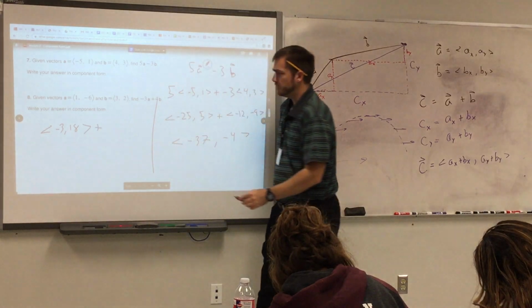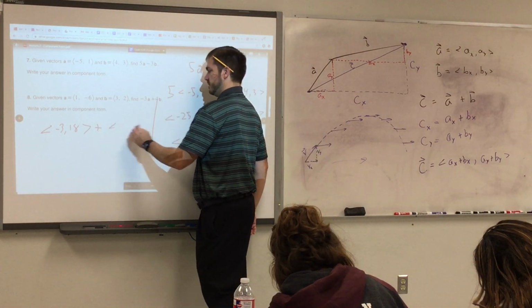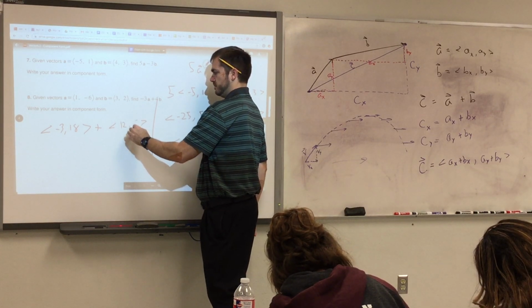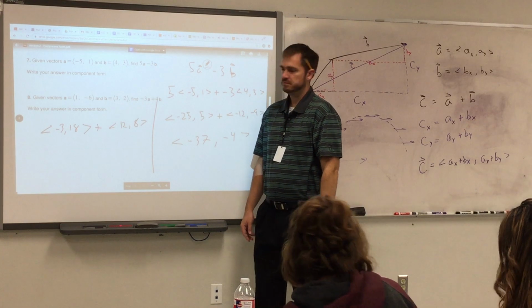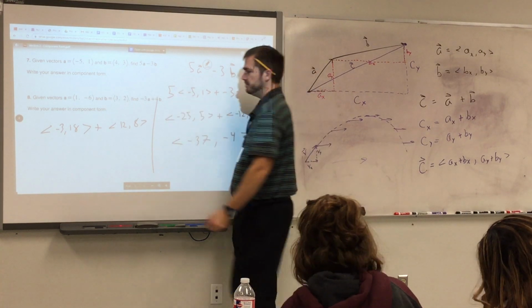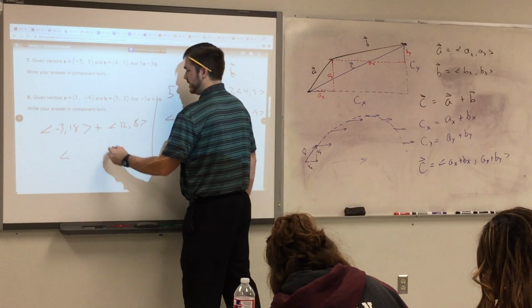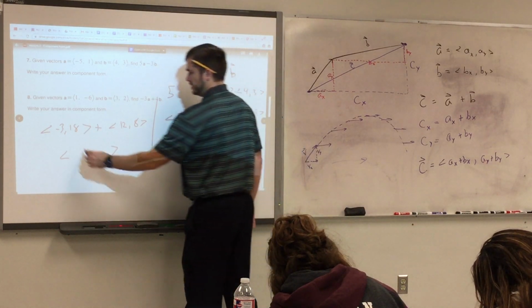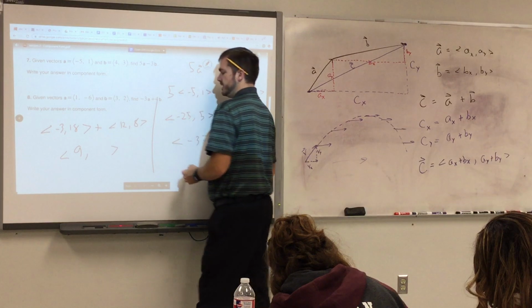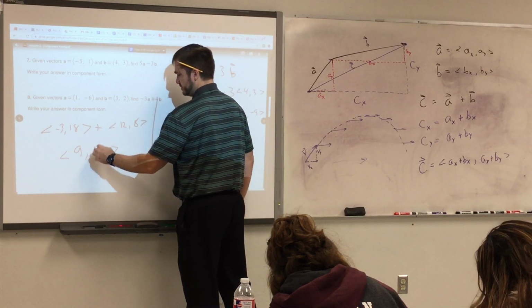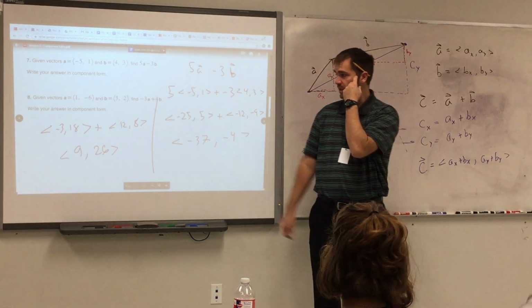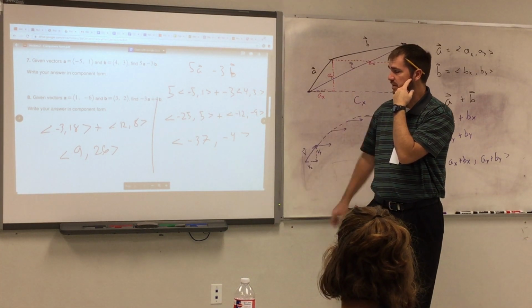Plus 4B, <12, 8>, yep. And then add them up. Add the x's, add the y's. Negative 3 plus 12. 18 plus 8. That's in component form. All right.